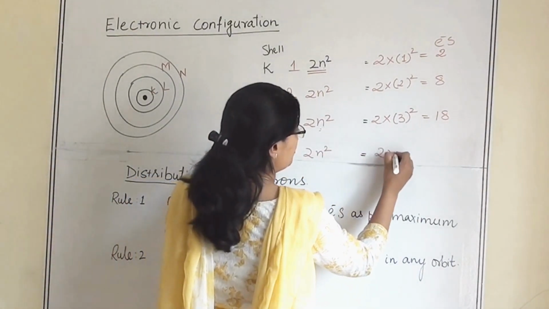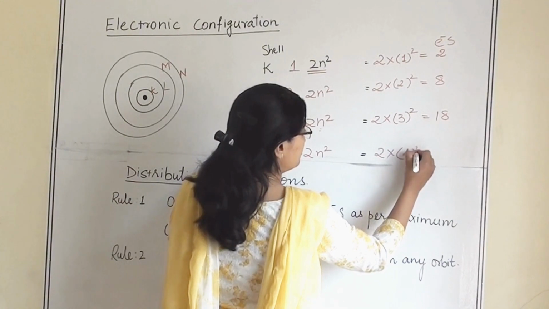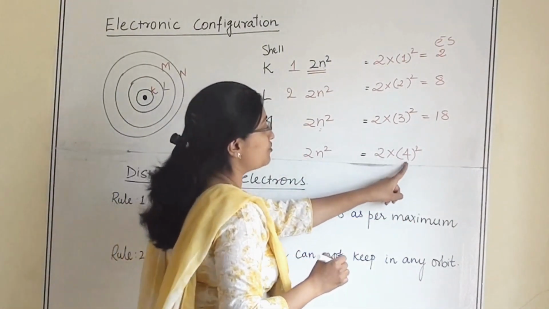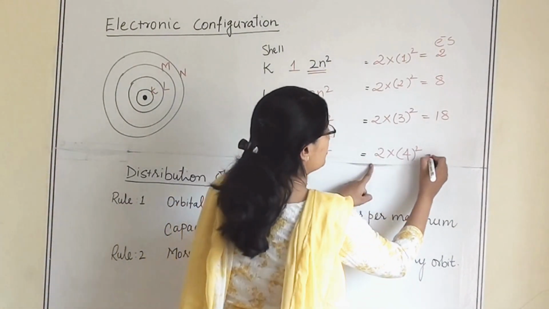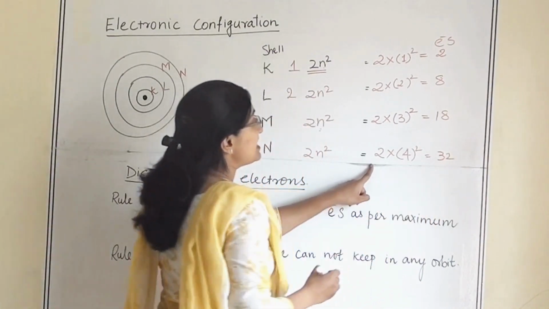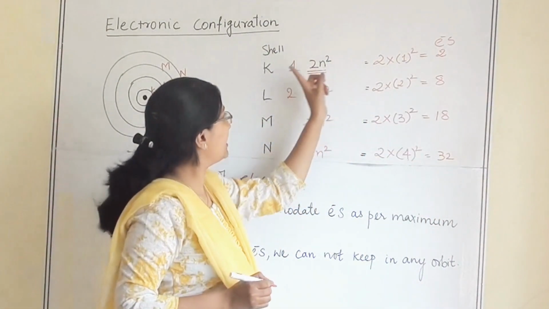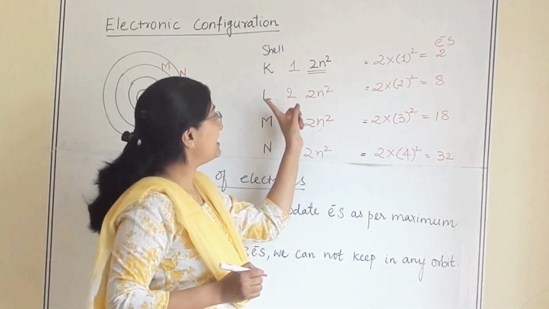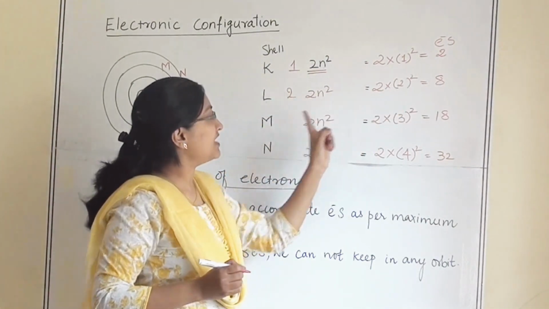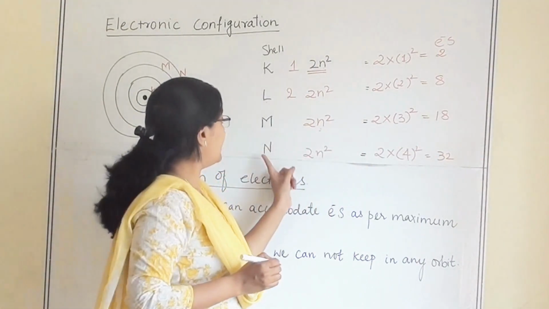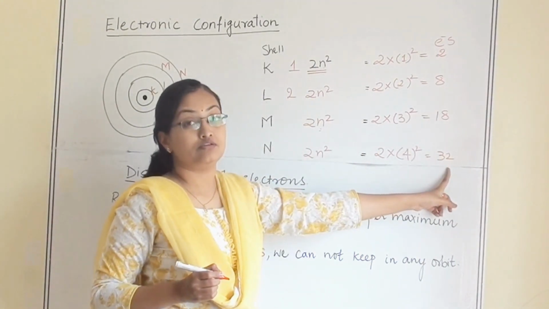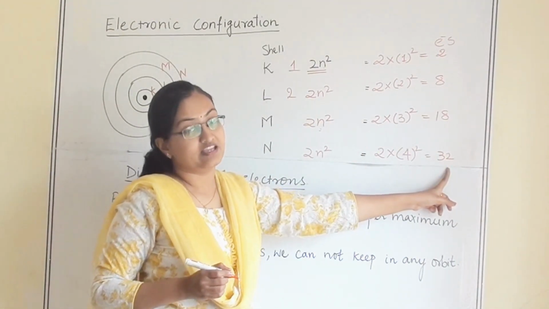So it will be 2 into 4 square. So it is going to be 16 into 2, 32. So these are the maximum capacities of each and every orbit. K can accommodate 2, L can accommodate 8, M can accommodate 18 and N can accommodate 32 electrons in their orbits.